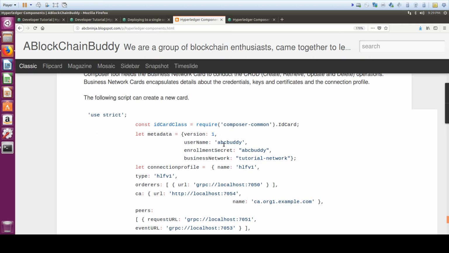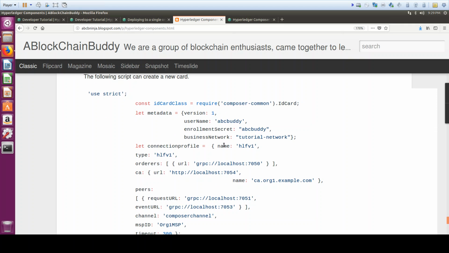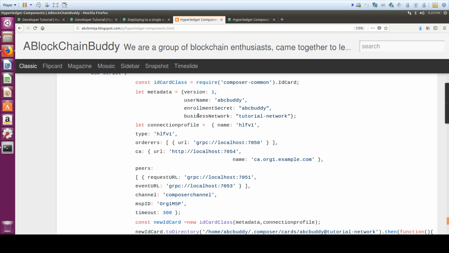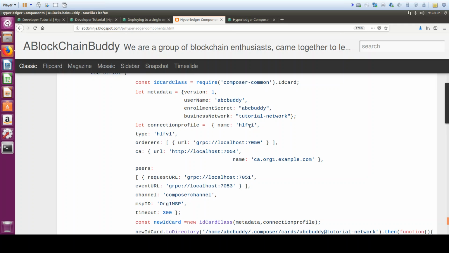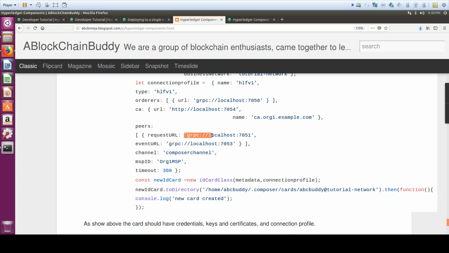Let's consider a script used to generate a business network card. A business network card should have the username, then what network it is used for. As metadata, we load that information. Then there is a connection profile: the name, the type, the orderer, which orderer it is going to use, that URL we have to give, the certification authority information, what all peers it is going to connect to, and the channel, MSP ID.